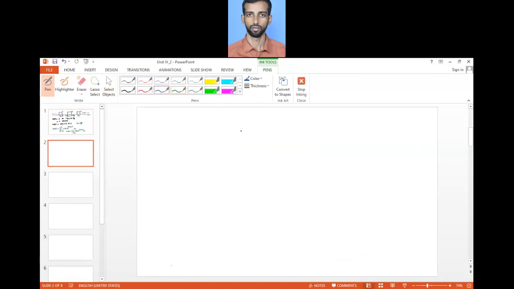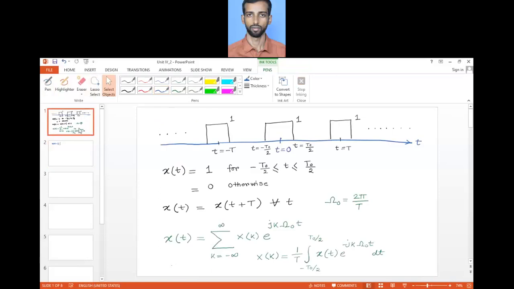So this x of k can be represented as 1 upon T integration over. In fact, over here I have written minus T0 by 2 to plus T0 by 2 because the signal exists from minus T0 by 2 to plus T0 by 2. Typically, you can write it from minus T by 2 to plus T by 2, but from minus T by 2 to plus T by 2, the signal doesn't exist.